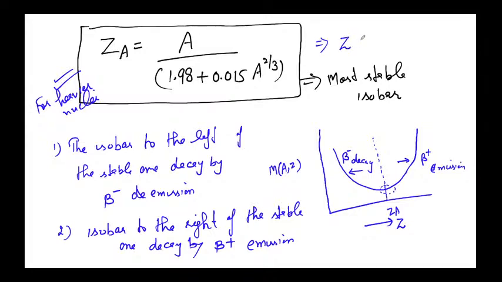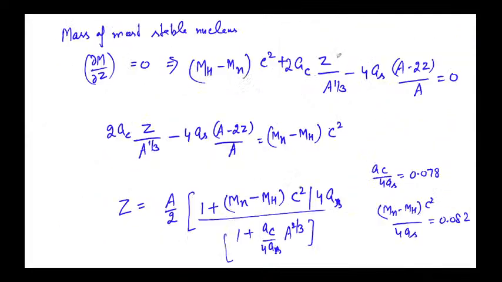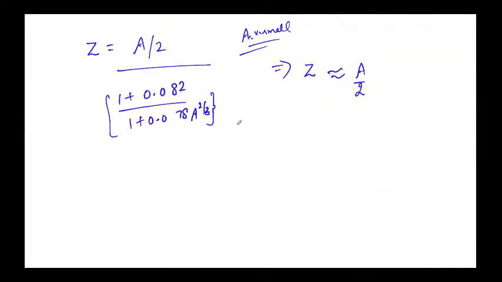In some books it is written as approximately 2 plus 0.015 A^(2/3). So you can use this relation for heavier nuclei, and the other one for lighter nuclei, in order to find the most stable isobar.